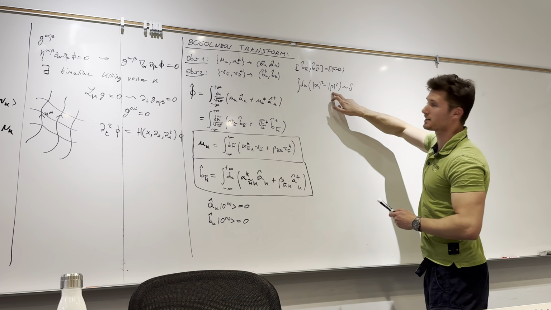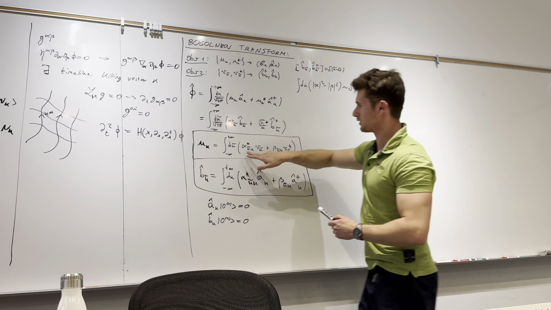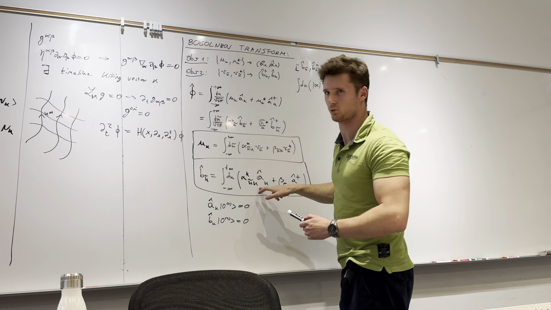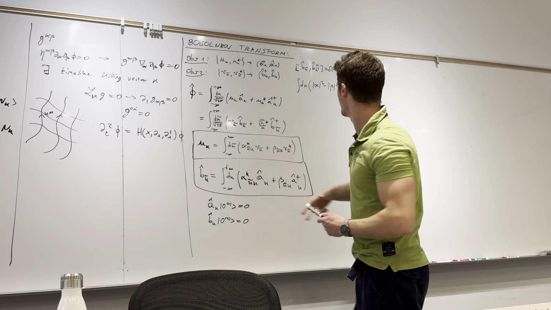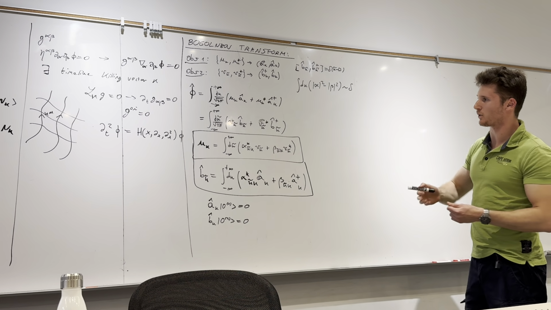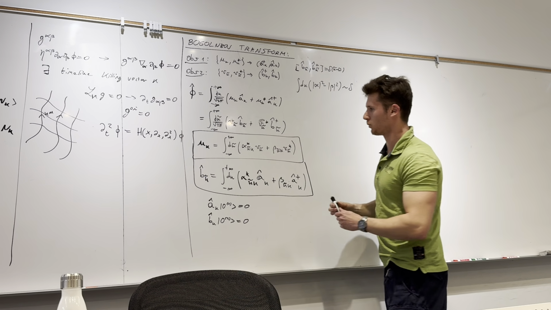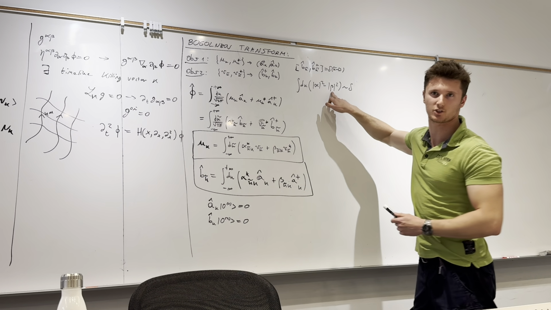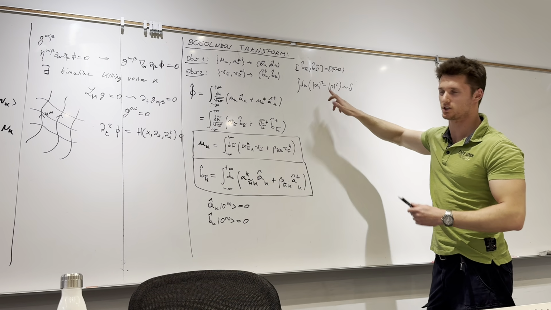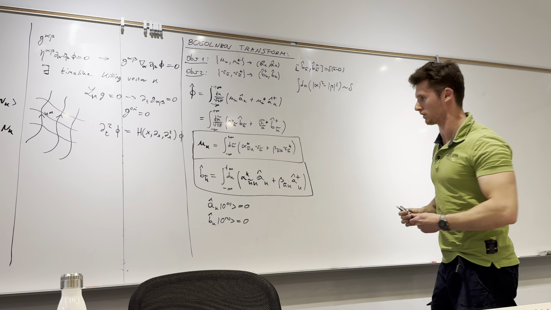So if this guy is 0, then you basically get that B is equal to A, essentially. Okay. So we can quantify how much mixing we have by computing this beta coefficient here, which is also called the Bogoliubov coefficient.